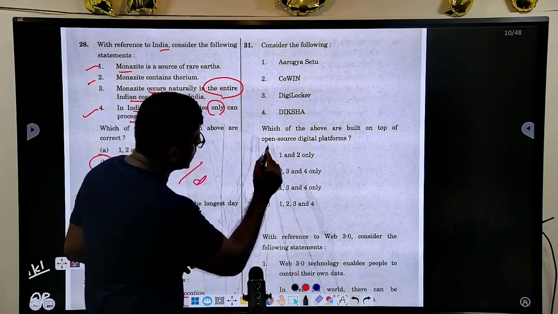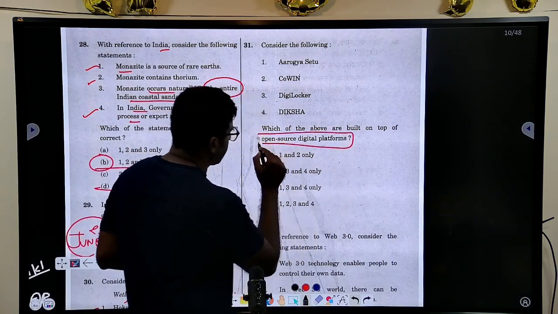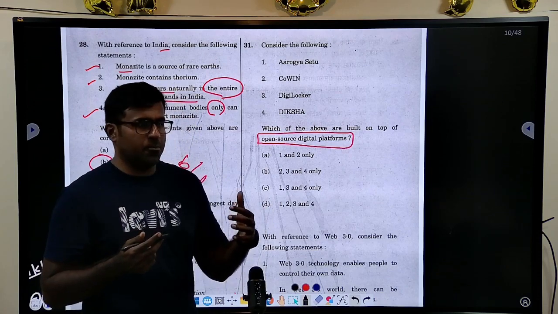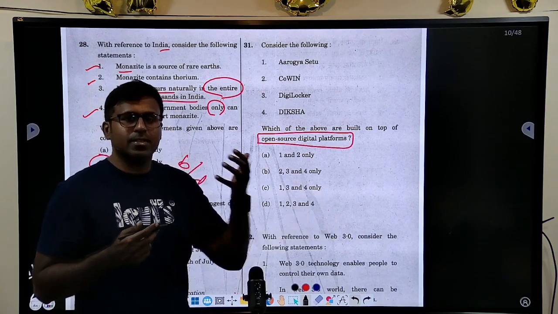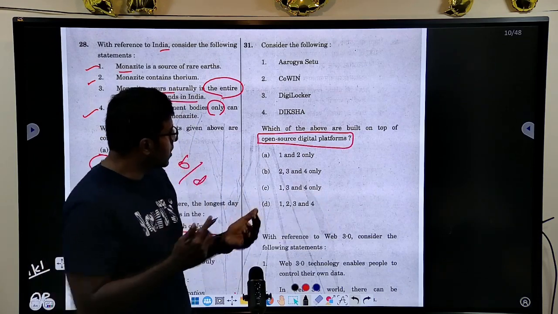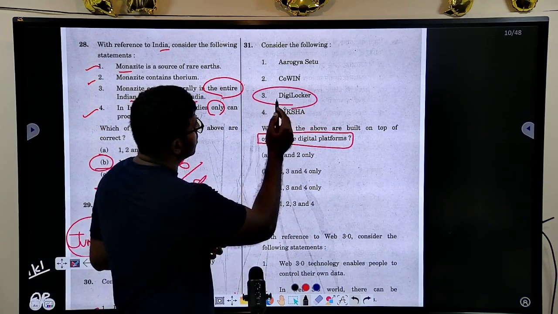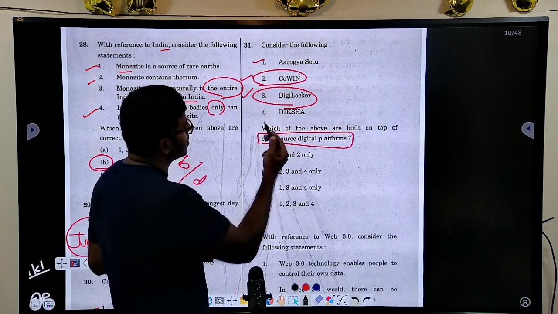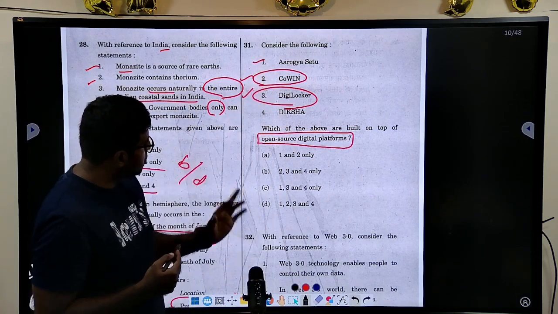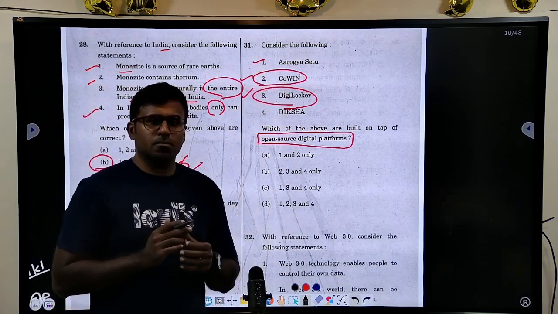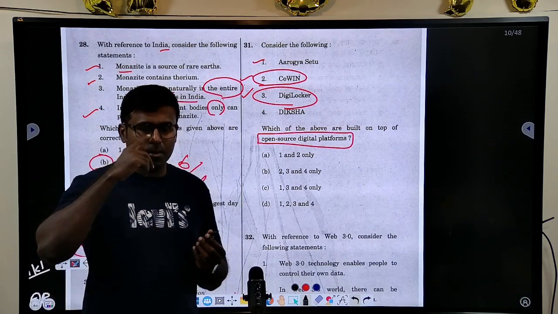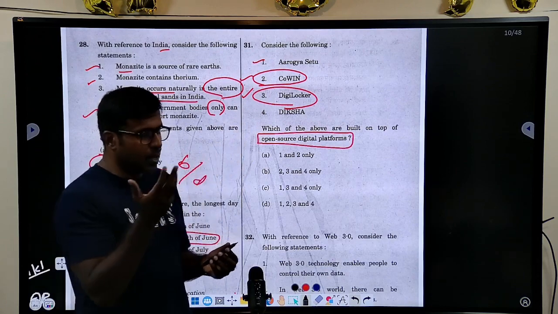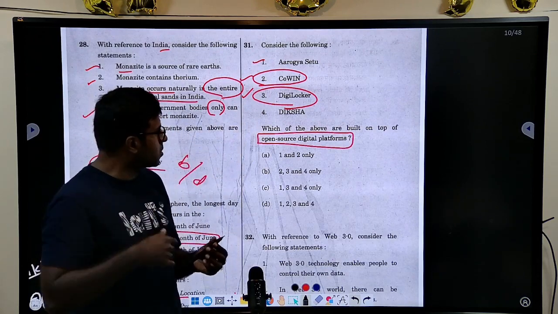Here I got this wrong. What I thought was, with an open source digital platform, if it is open source, it can be easily hacked, like DigiLocker or CoWIN. If you are able to hack all these things, it's actually not that easy. If this gets hacked, all this governance structure breaks down.